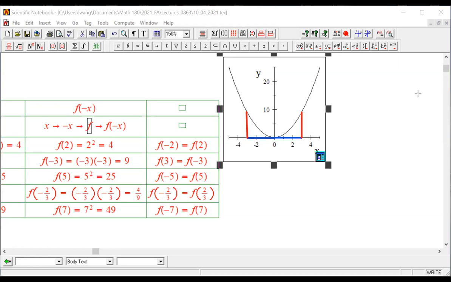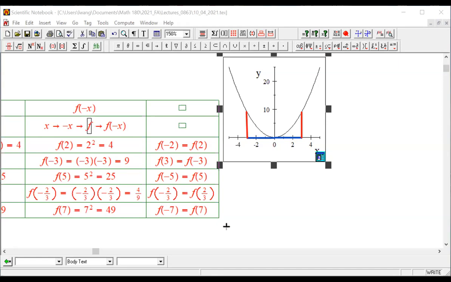When you say -x, you should think of it as the opposite of x, but x itself could be positive or negative. That's what this table intended. Your x could be positive, and the opposite of positive is negative. But if your x is negative, the opposite of negative is positive. The same thing holds for -5, +5, -7, +7.